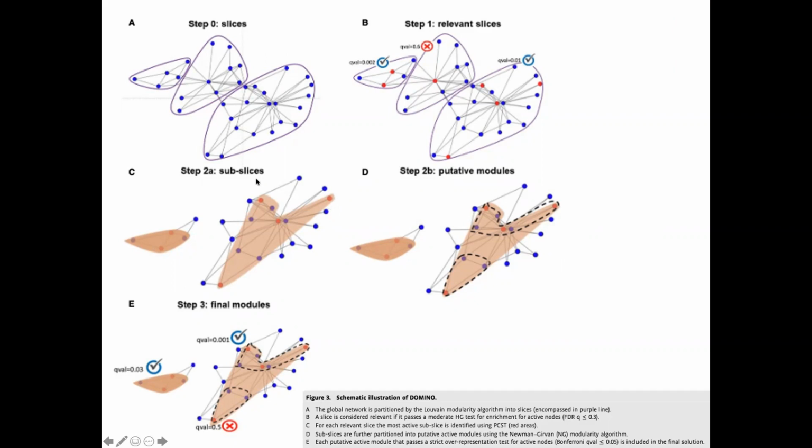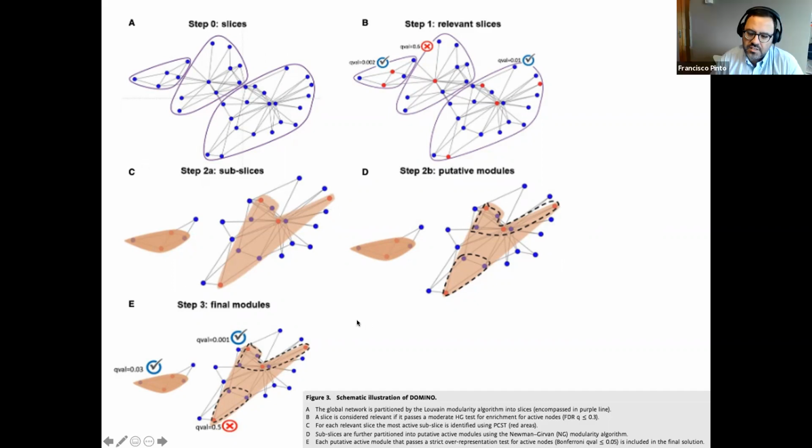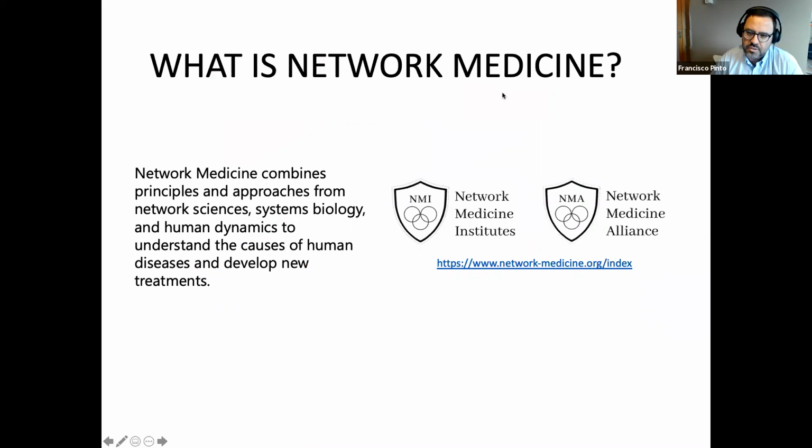I don't. Okay. So in particular, these kinds of methods have been applied in a field called network medicine. This is the definition of network medicine according to the Network Medicine Institute, which was recently formed and aims to promote this scientific area.